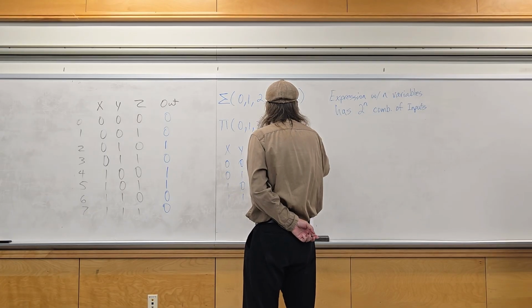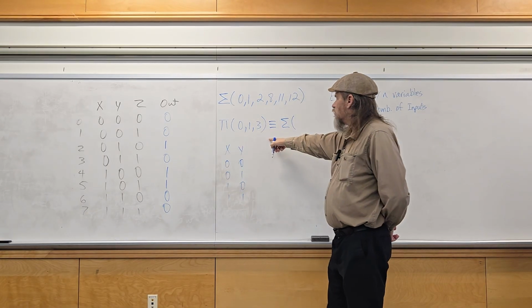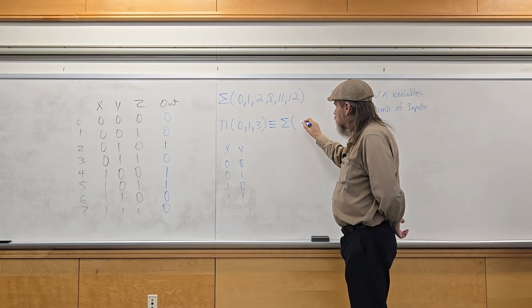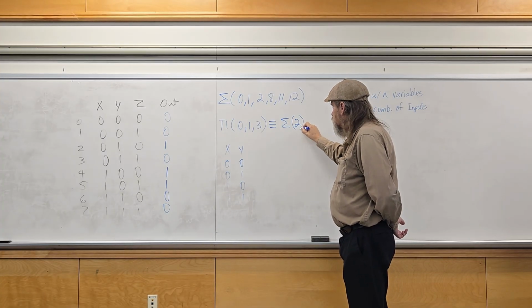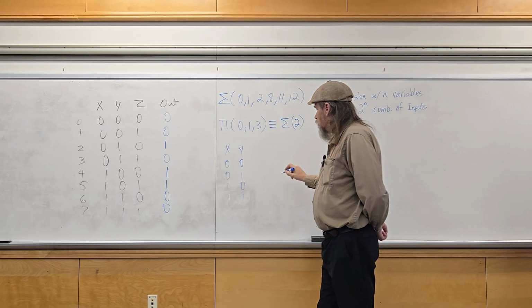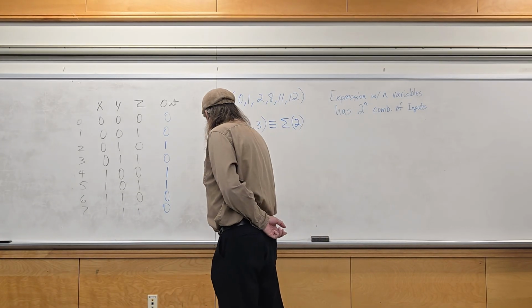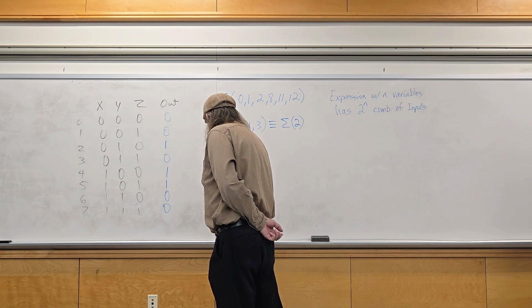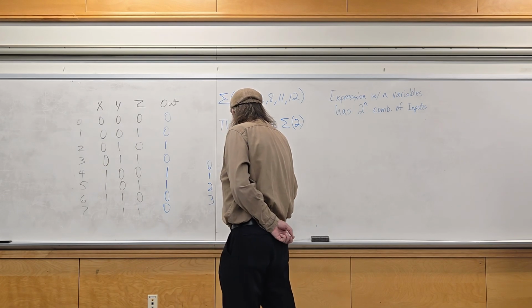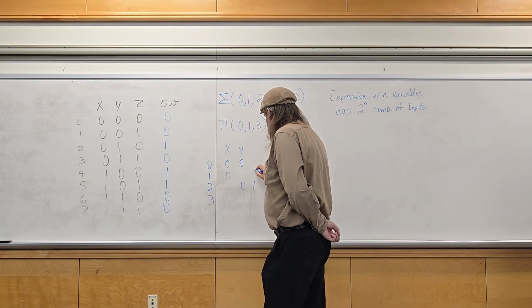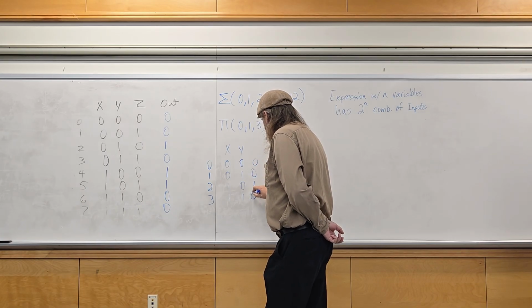So do the equivalent of that, which would be, what's the missing term? 2. So you would put a 1 in the, this is 0, 1, 2, 3. You put a 1 here, 0 here, 0 here, 0 here.